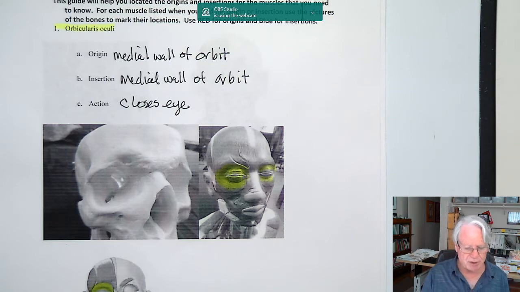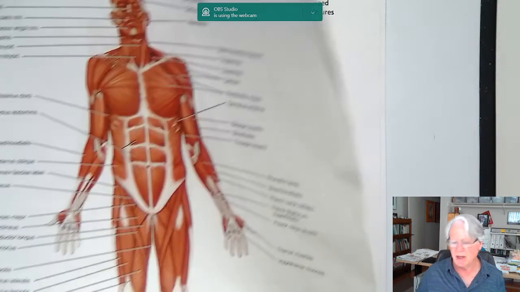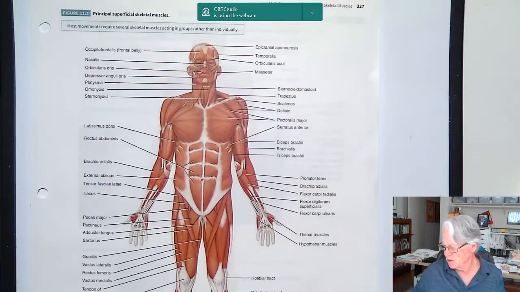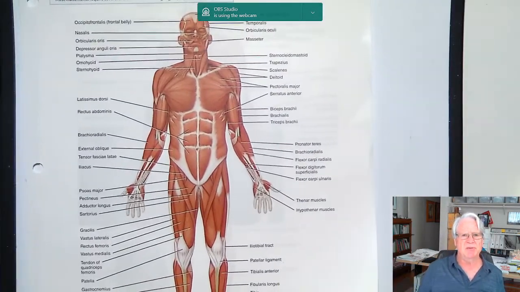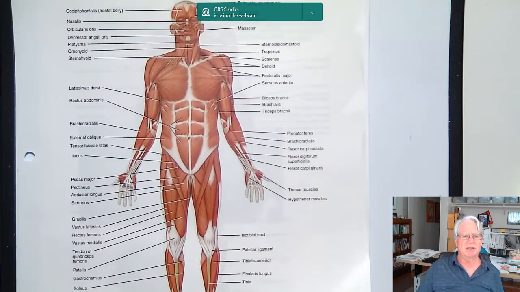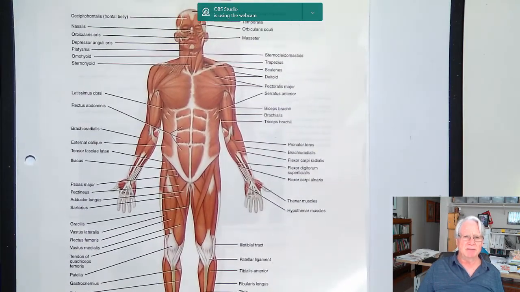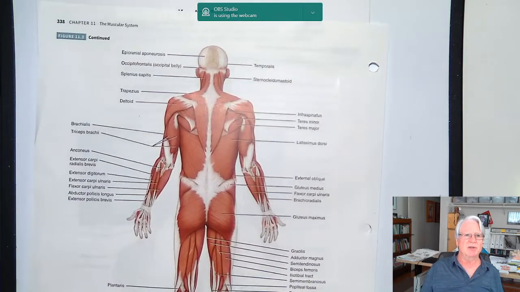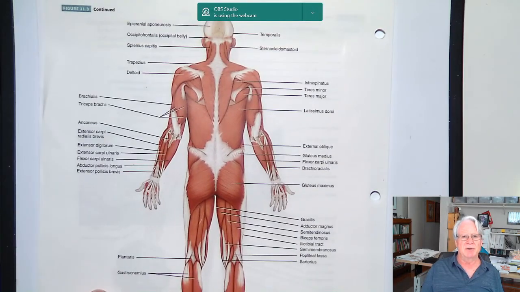Your textbook on page 337 has this image here, which is a pretty decent image actually of all the superficial muscles, anyway, that you're going to be learning in one complete diagram. And then on the next page, 338, there's the posterior view. You should be looking at this and finding these muscles as we go through.